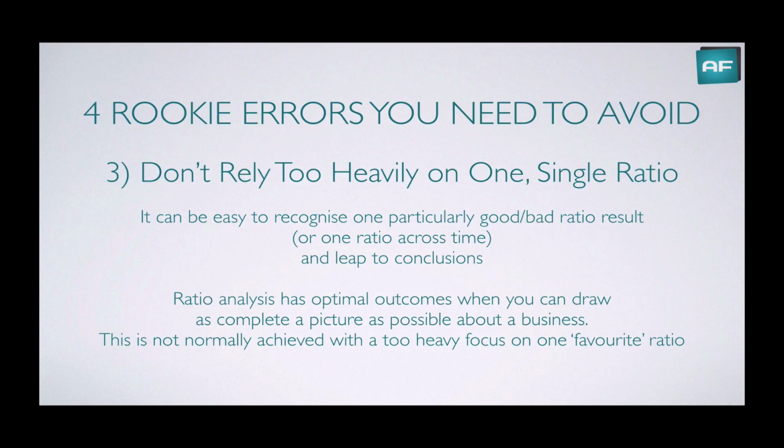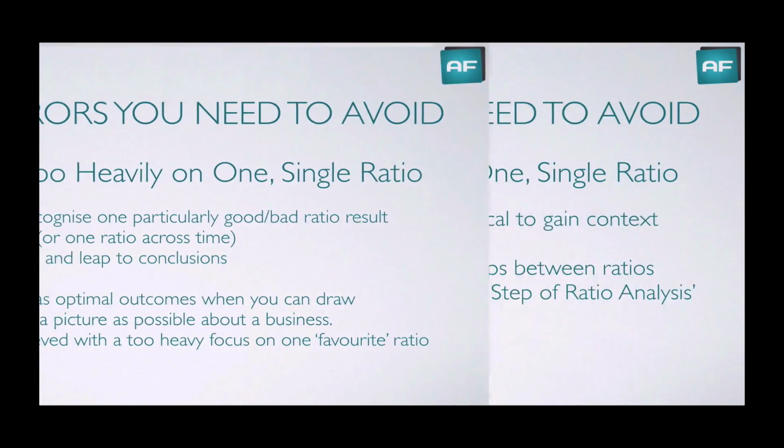And this isn't normally achieved with too heavy a focus on one favorite ratio. Your idea is to get a complete picture, an overview, to know what's going on internally and externally with all the strengths and weaknesses. One ratio just won't provide this outcome.